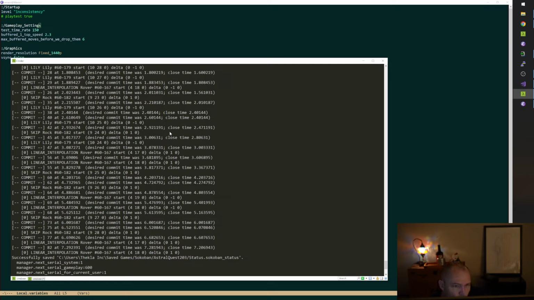And then the Lily closes at 1024 at 2.80. So the rock probably hasn't closed yet when the Lily starts. But it is going to close.